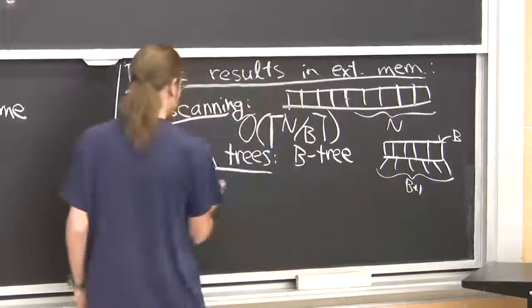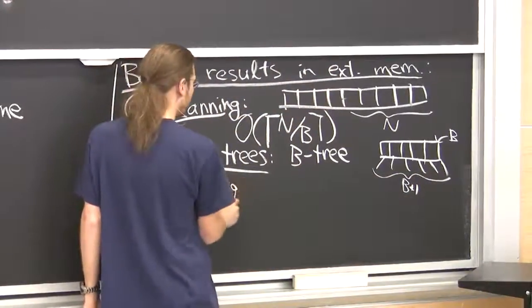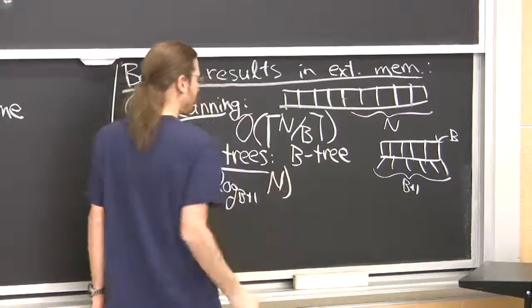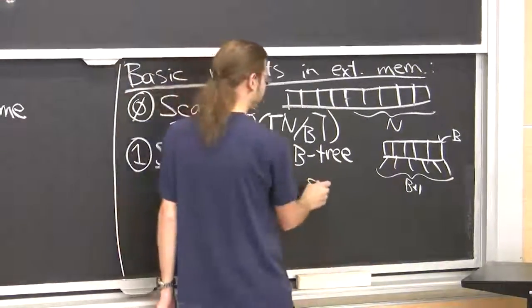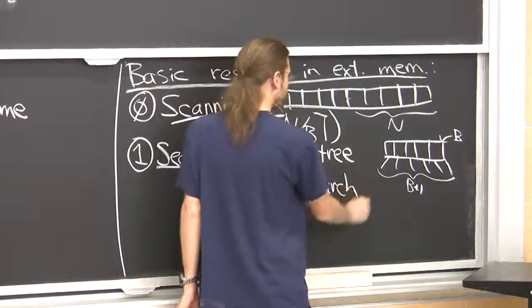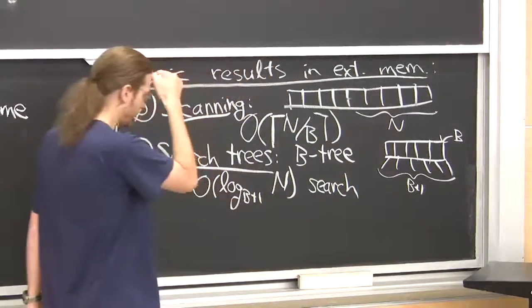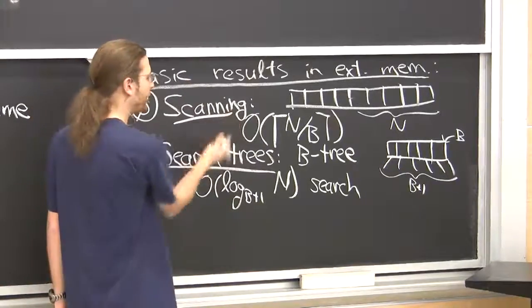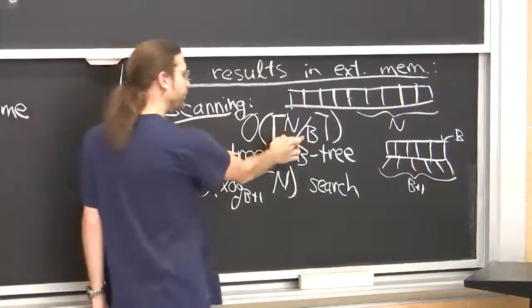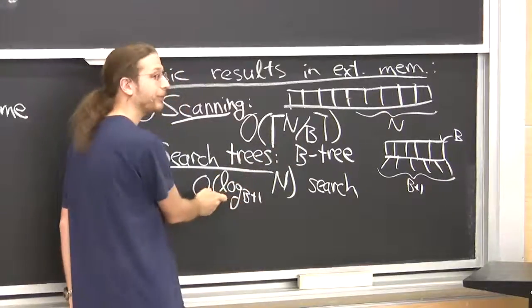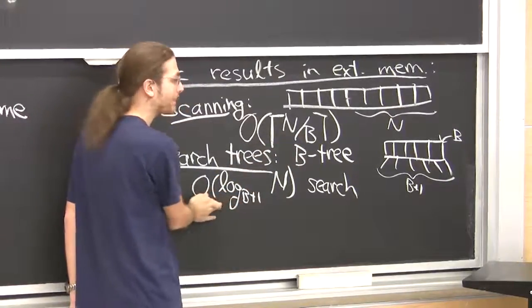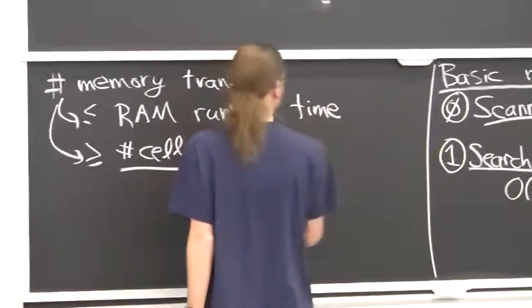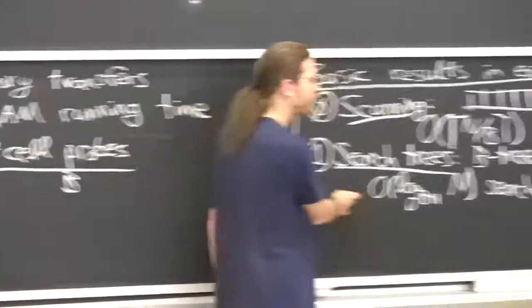And so it takes log base B plus 1 of n to do a search. This is counting memory transfers. So this is not as big an improvement. Here we've improved by a factor of B, roughly. Here we're improving by a factor of basically log B. So not as good as you might hope to do, dividing by B, but it turns out this is optimal.